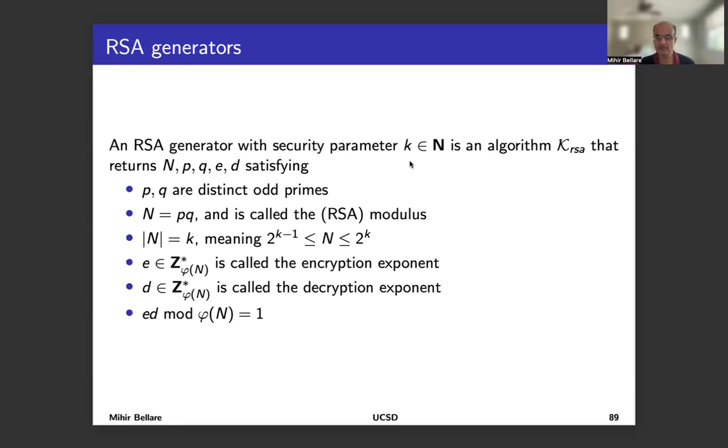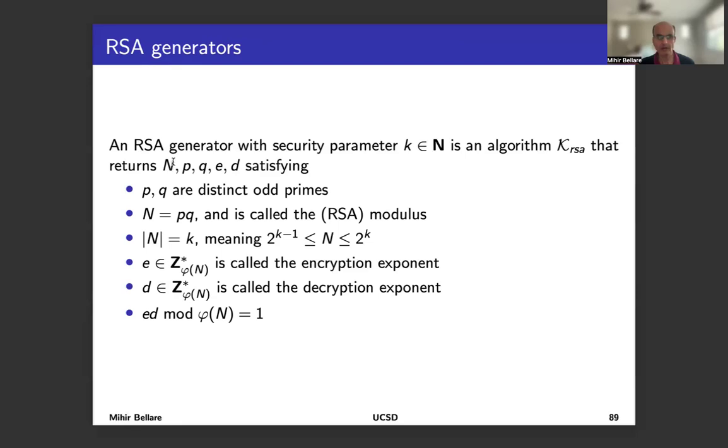We can be larger or smaller. And there'll be something called a security parameter, which is just an integer that determines security. The larger it is, the more secure things are. The job of the generator algorithm is to return not just the modulus, but a bunch of other things that allow us to build up an RSA system.